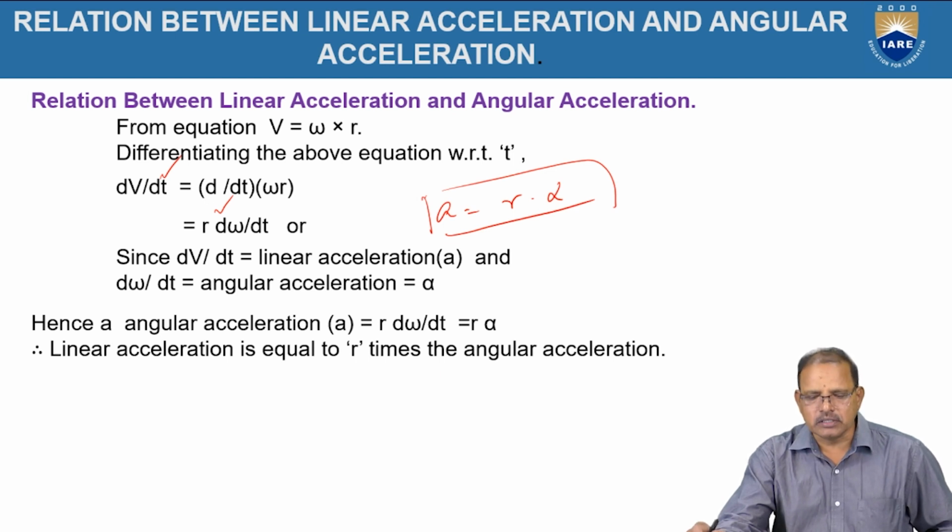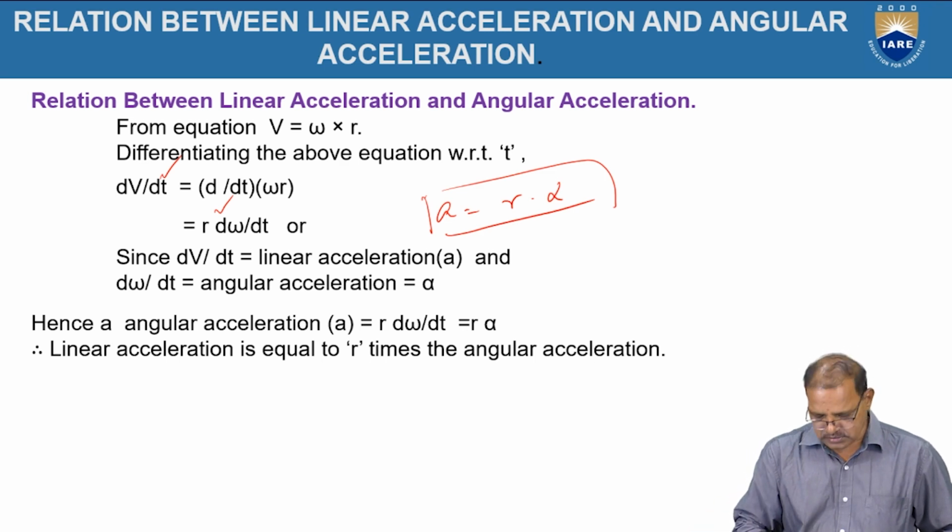The relation is that alpha multiplied by the radius of curvature gives the linear acceleration.